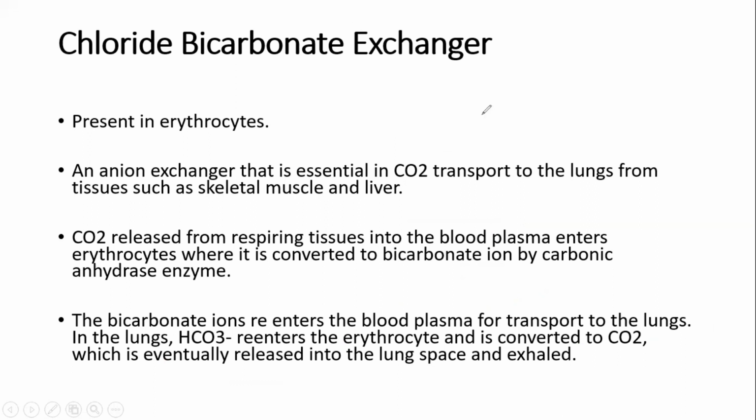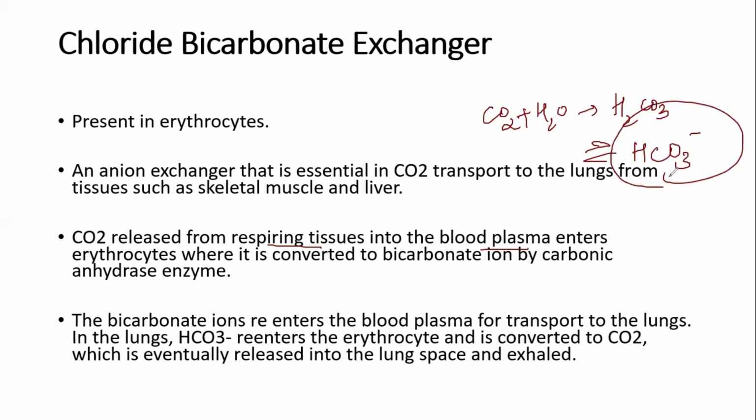So what is happening once CO2 is released by the respiring tissue? In the blood plasma, CO2 plus water will become H2CO3, correct? Now, this is in equilibrium with HCO3 minus. This is bicarbonate.